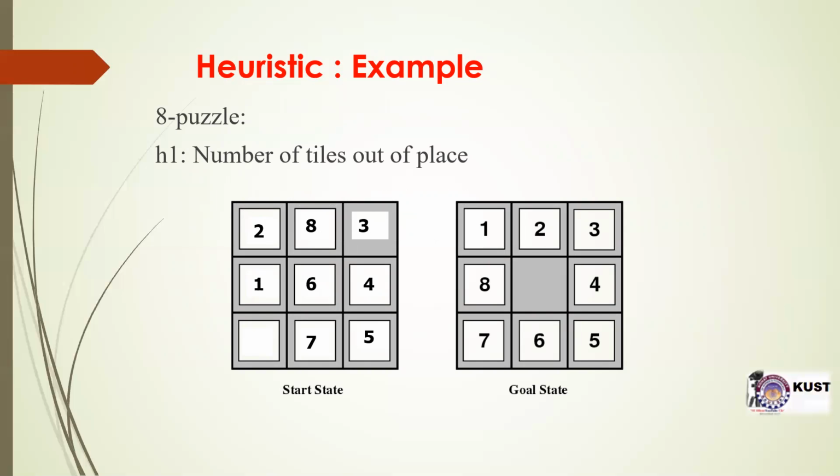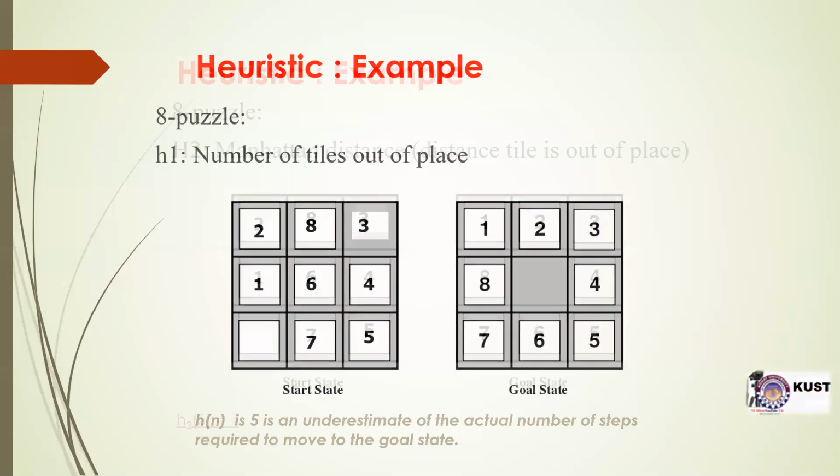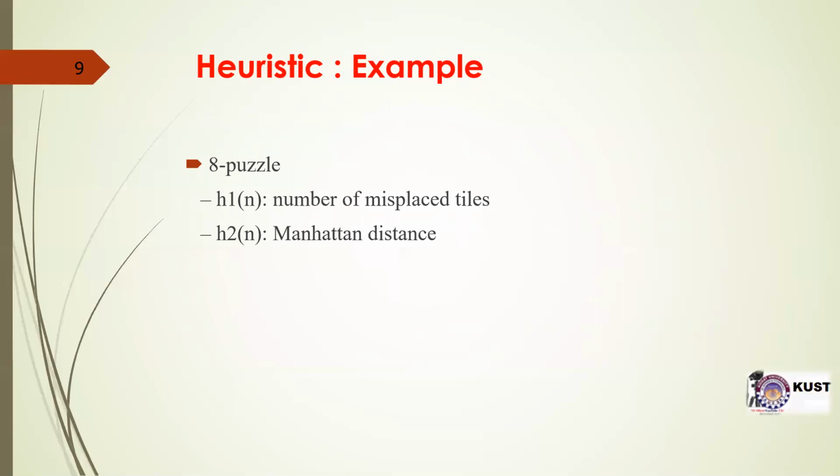The first heuristic is the number of tiles that are in the wrong position. And the second heuristic is Manhattan distance, which is the sum of the distance of the tiles from their goal position. Because tiles cannot move along diagonals, the distance we count is the sum of the horizontal and vertical distances. This is sometimes called the city block distance or Manhattan distance.